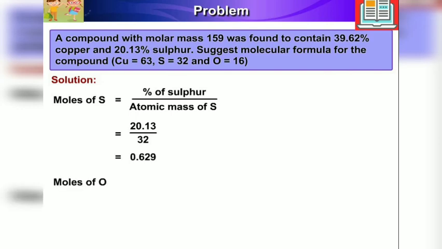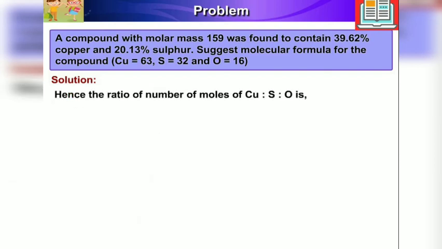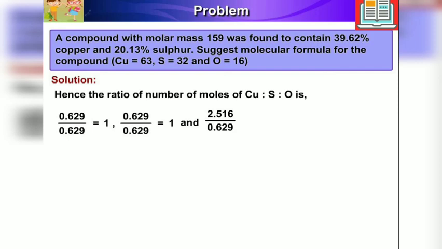Moles of O equals percent of oxygen upon atomic mass of O equals 40.25 upon 16 equals 2.516. Hence, the ratio of number of moles of Cu to S to O is 0.629 upon 0.629 equals 1, 0.629 upon 0.629 equals 1, and 2.516 upon 0.629 equals 4.